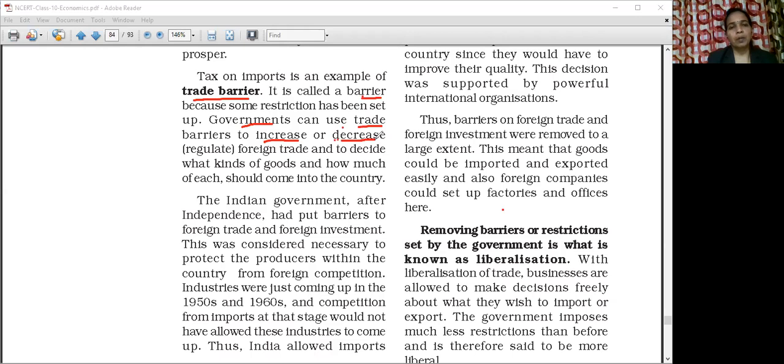When export taxes are low, local producers can sell their production in other countries. In this way, taxes on import and export work as a trade barrier, and the government decides which goods can be imported and which not. The government always gives favor to local production.